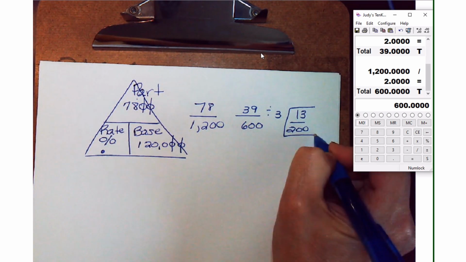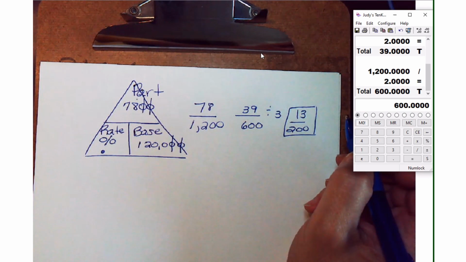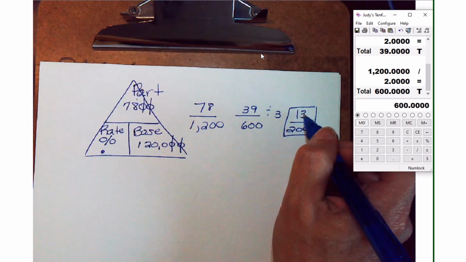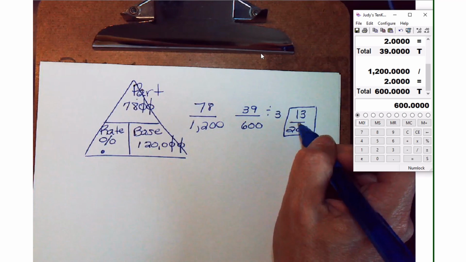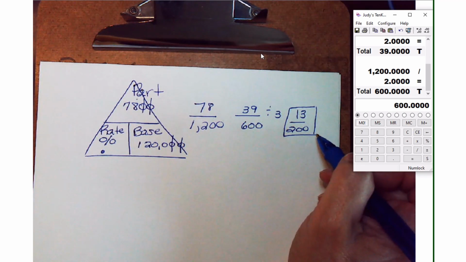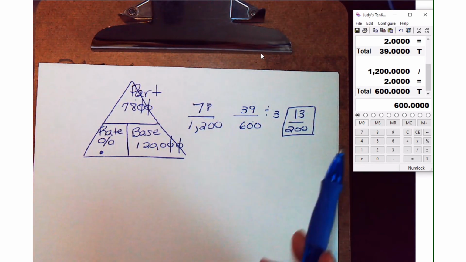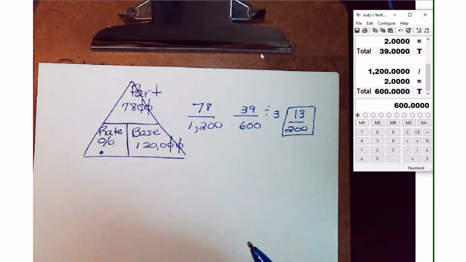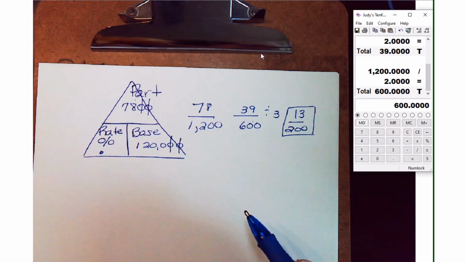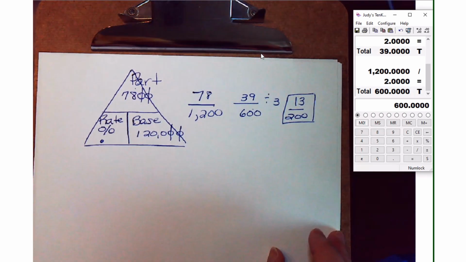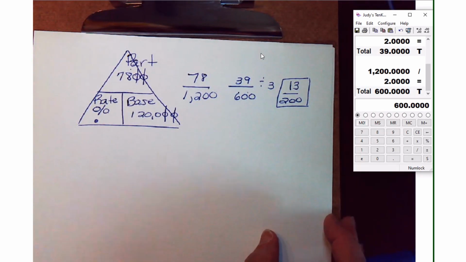So the fraction reduced to lowest terms is 13 over 200. So in your algebra classes, you would have learned to reduce this by lower terms probably in one step. We're not in a math class, and I'm not going to teach how to get lowest terms, but you could also do it that way.